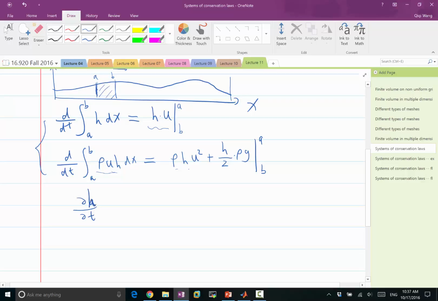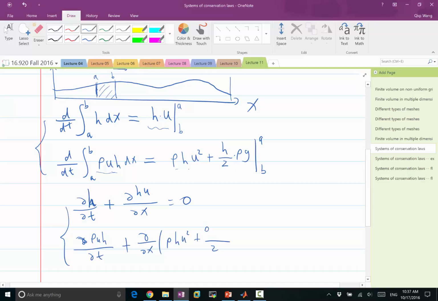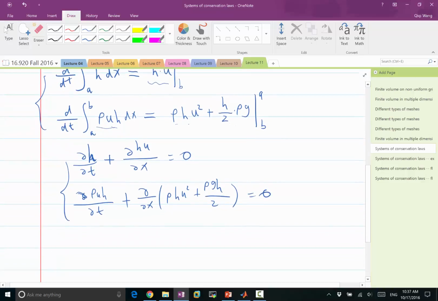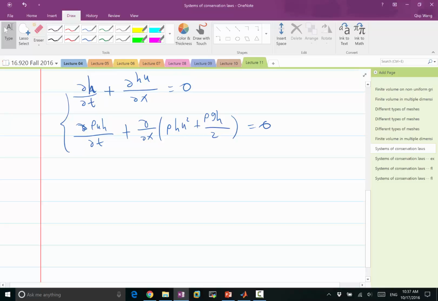So with these two integral forms, we can derive the standard form of the conservation law. So, sorry, dh/dt plus partial x of hu is equal to 0, and partial rho u h partial t plus partial x of rho h u squared plus half of rho g h squared is equal to 0. What is the two factor? The average height is given by.